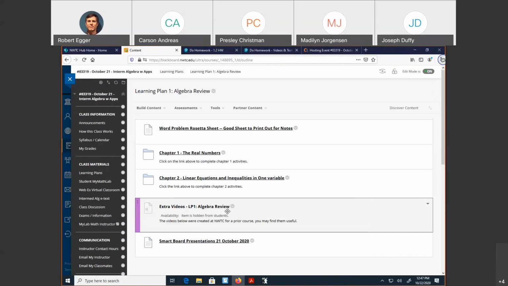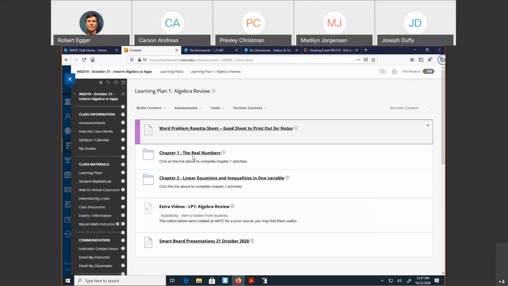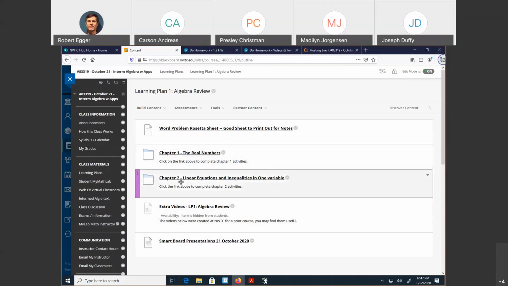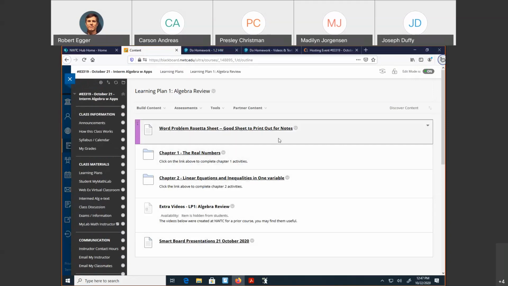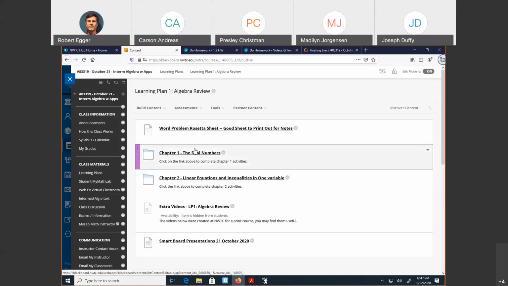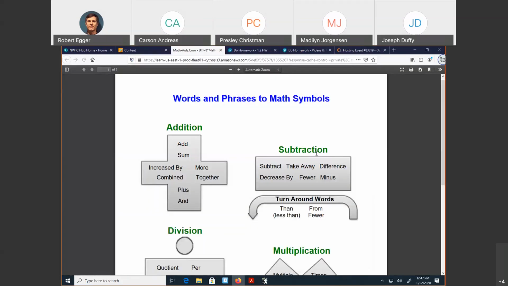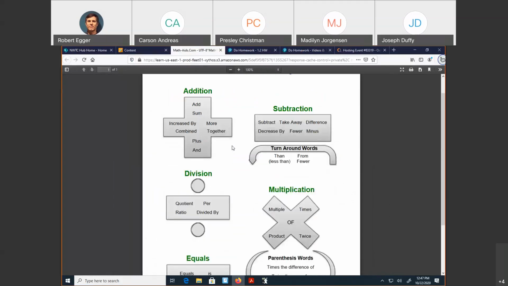Something I added, good. All right. I've put in the Blackboard, just before in chapter 1, something called the word problem Rosetta sheet. Hint, good sheet to print out for notes. I'm going to zoom down a little bit.